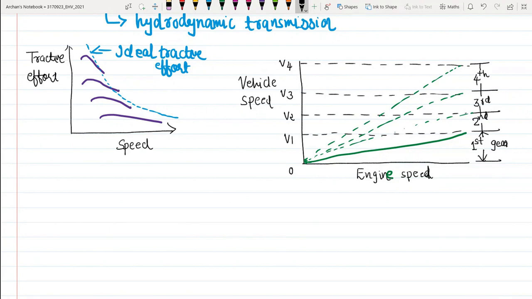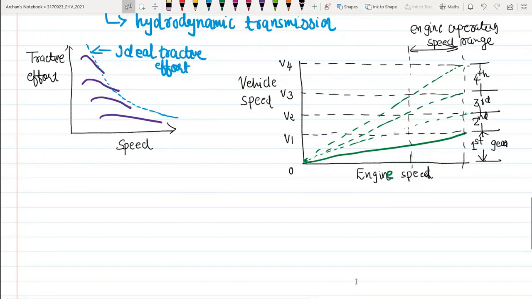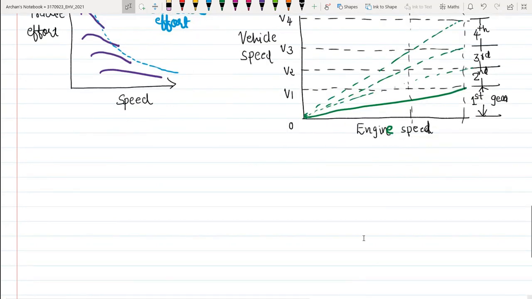Now let us understand this 4-speed gearbox very well, right? So you can see, suppose this is my 1 speed range, then my engine is operating in this particular speed range. Okay, this is the thing. Now consider we have a 4-speed gearbox. Let us try to establish the relationship between these gears.